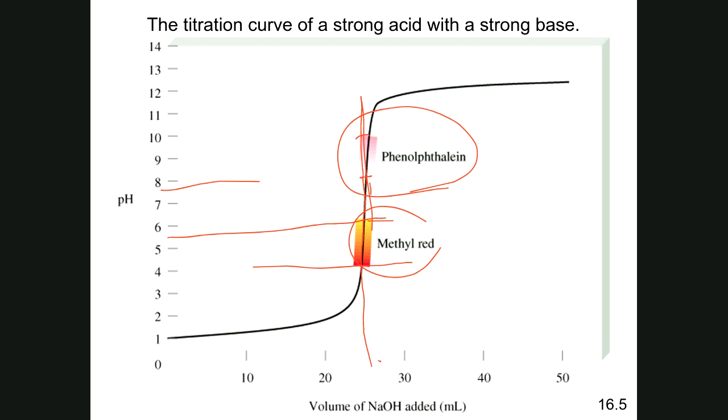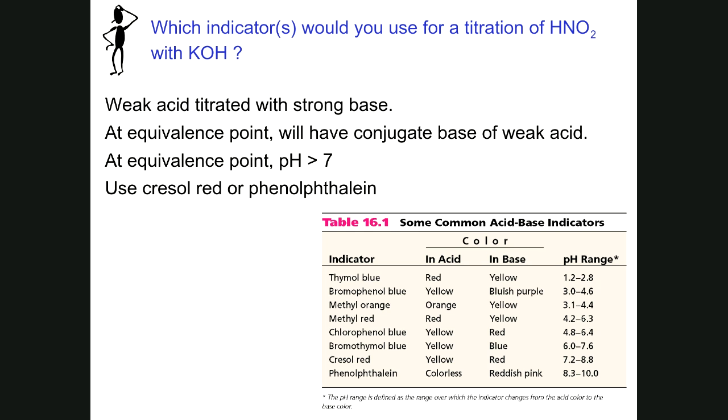Now a weak acid titrated with a strong base. What would be your best choice? Because it's a strong base, you have to use something with a color change around pH 8, and you could use either one of these two.